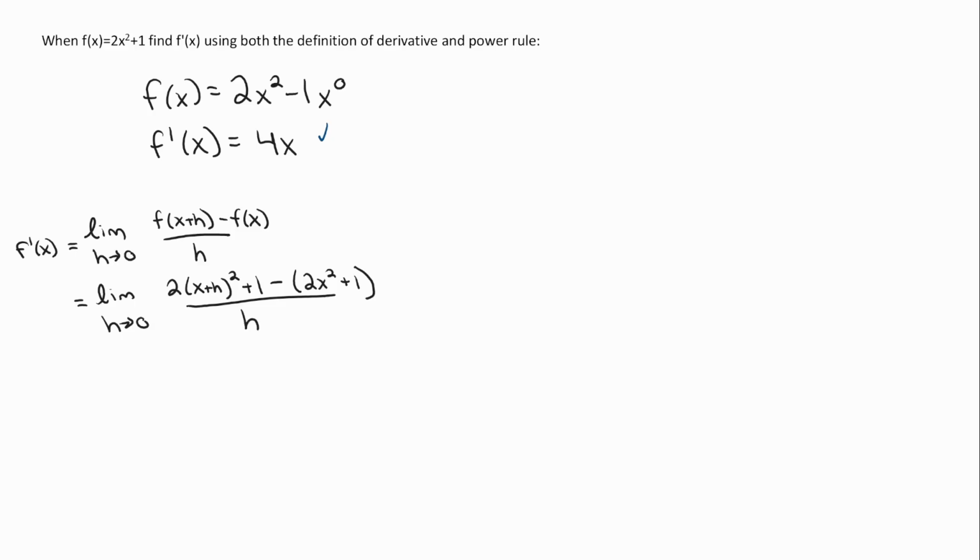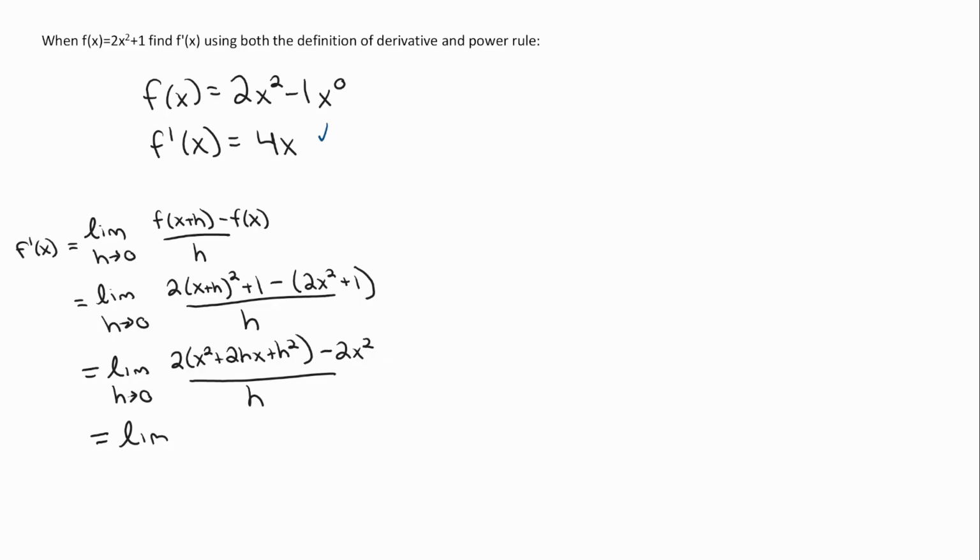And so we're going to have this quantity that we actually need to expand, and also we can subtract out the 1 terms. So we're going to have our limit of h approaching 0, and I'm going to cancel out our 1's right away, and I'm going to expand out our x plus h, where we're going to get x squared plus 2hx plus h squared minus 2x squared in the numerator divided by h in the denominator.